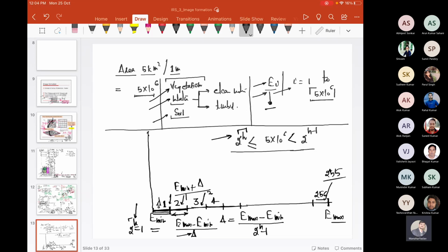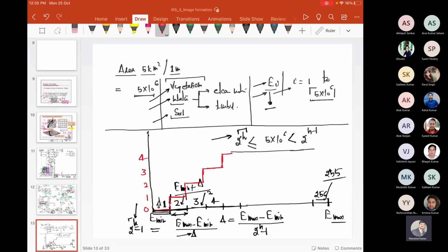And if you see the transfer function which we are doing, it is like 0, then 1, then 2, 3, 4, like that.